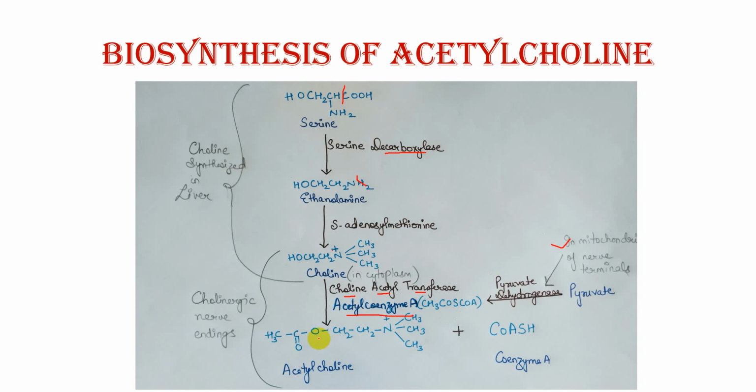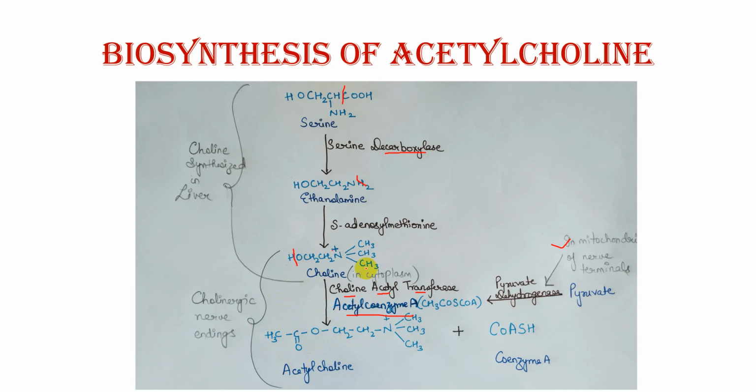Okay, now this acetyl coenzyme A will transfer the acetyl group to the choline here in the presence of enzyme choline acetyl transferase. So what is going to happen in here is this hydrogen will be removed. Okay, remaining is same here. You can see the nitrogen with 3 methyl groups and 1 CH2 here, then again CH2 and then O. This O we are talking about, and this is the acetyl group.